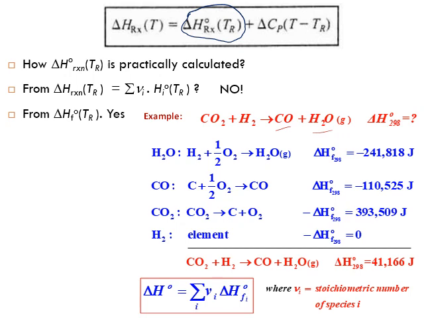If you want to calculate the standard delta H reaction for this reaction, then you will need to use the delta H formation for the involved species. So let's see, we start with the delta H formation for the product, of course, right? So we have for water, this is the delta H formation. For CO, this is the delta H formation. Tamam. And for CO2, of course, we take the opposite, right?